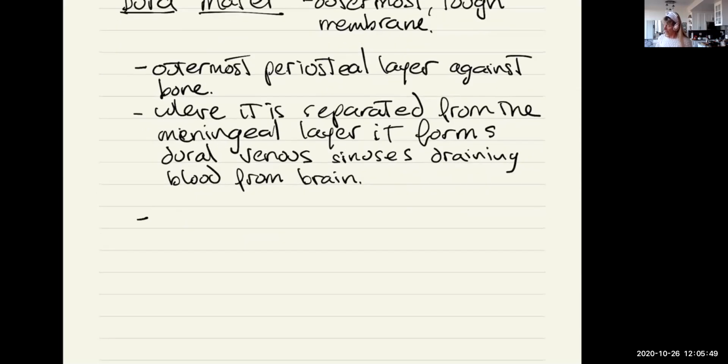They also form the infoldings of the meningeal layer, which also form supportive structures.